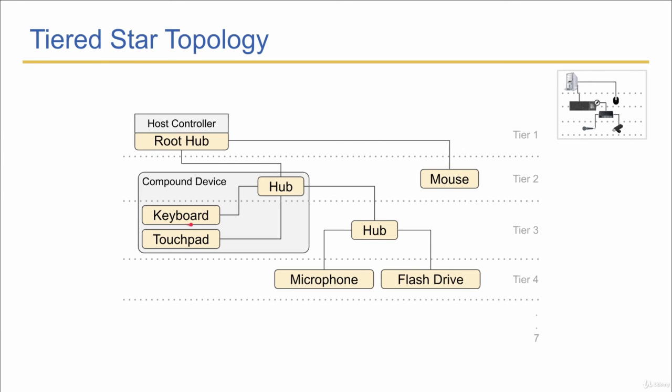And you see here the keyboard function and the touchpad function are connected internally to this hub, which is also built in this compound device. So therefore these 2 functions are in tier 3, but this hub function is in tier 2. So it's at the same level as this mouse, and this hub and the mouse are both directly connected to the root hub.